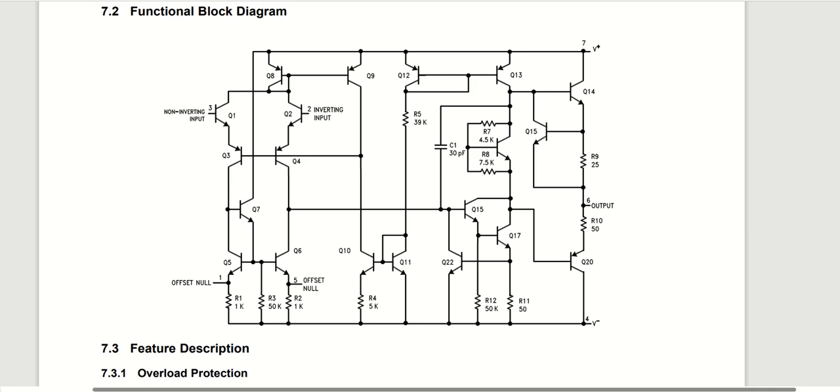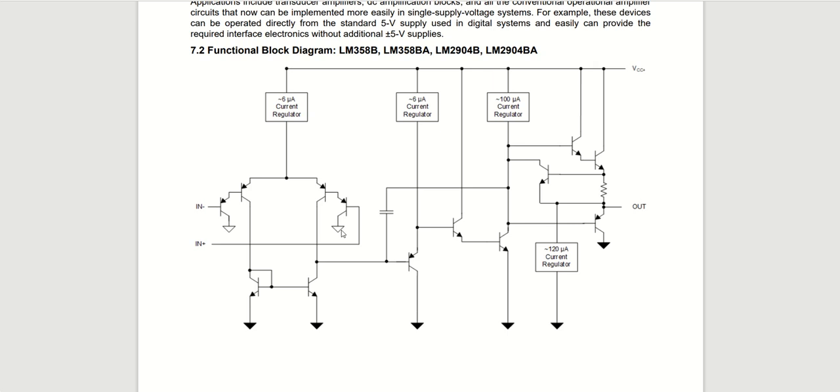So this is the LM358, and this is their block diagram. You'll notice they have their differential input. They use an additional transistor to increase the input resistance. We have the current mirror. It looks like a gain stage.